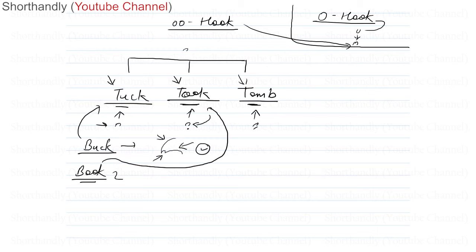Let's make this word. First of all we have this long curve which is B. Then we have this hook and a dot to represent our sound. Then we finally attach this K character. So this is our word book.